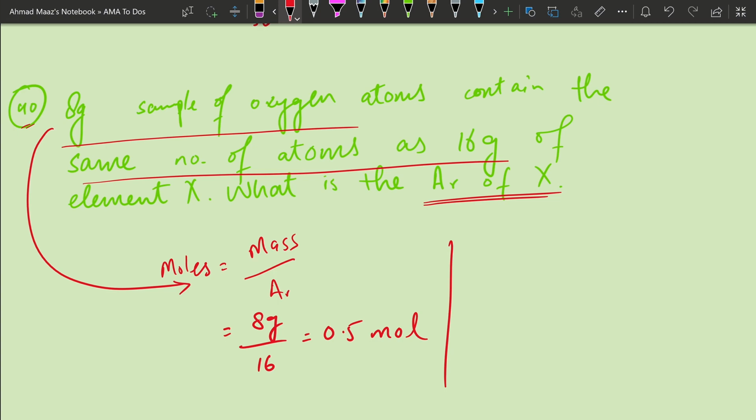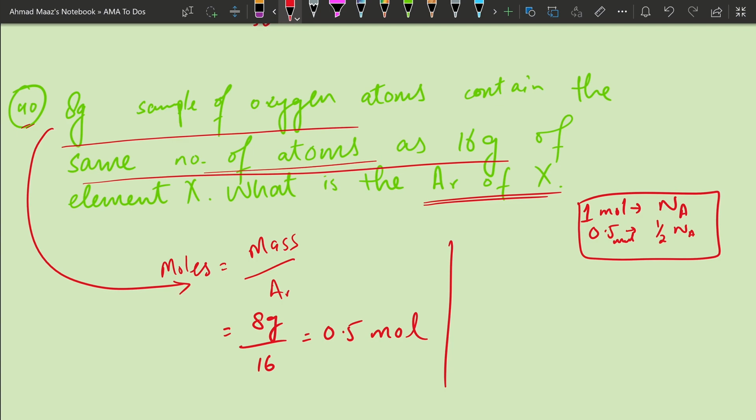Now we know that same number of moles contains same number of particles. 1 mole of everything contains Avogadro number of particles, and 0.5 moles of everything should contain half the Avogadro number of particles. If the number of moles is same, then that means the particles are same, that means the atoms are same in this case.